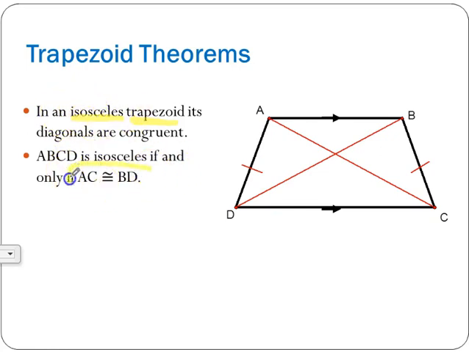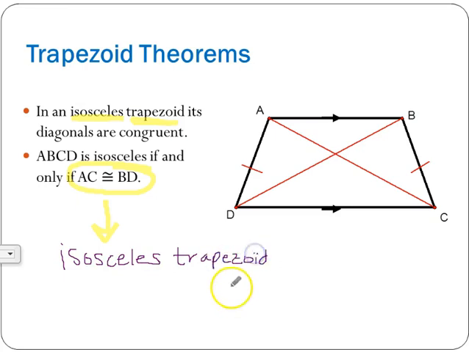If you can prove that your diagonals are congruent, then you can say, hey, guess what? We've got an isosceles trapezoid. So remember, you can always work backwards too. I'm going to go on to the next slide, so if you need more time, go ahead and click pause.